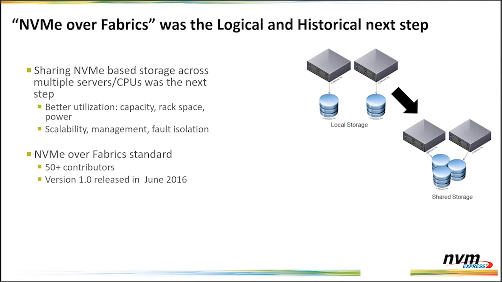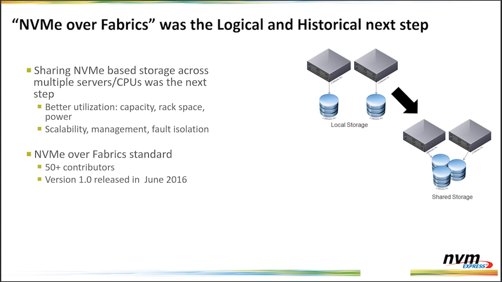Now, NVMe over Fabrics takes this new high-performance SSD interface and enables it to be connected remotely across a network. And this gives us all kinds of advantages over local storage. It's now infinitely scalable, very efficient from a power, cooling, and rack space perspective, and much easier to manage than local storage. These are all the things that SANs were invented for with Fibre Channel, back many years ago in the 90s.